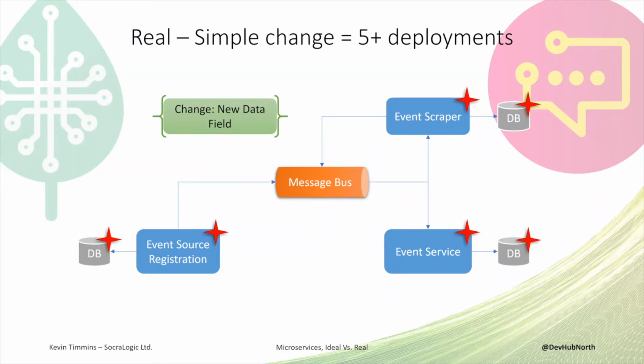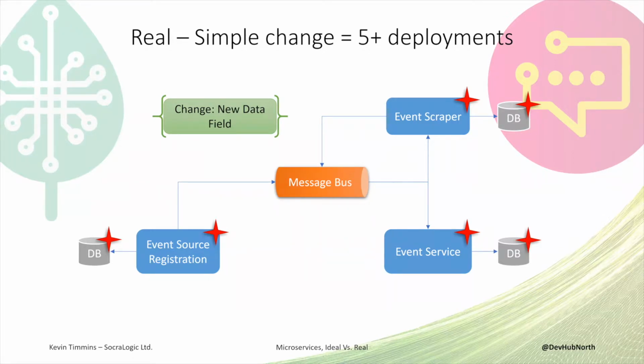And this relatively simple change, you could argue that in a monolithic application, this change would be easy because it's changing maybe 2 or 3 files and then deploying just a single service. Whereas here, we've got 3 database changes and 3 service changes. That's suddenly a very, very big deployment for a very small change.